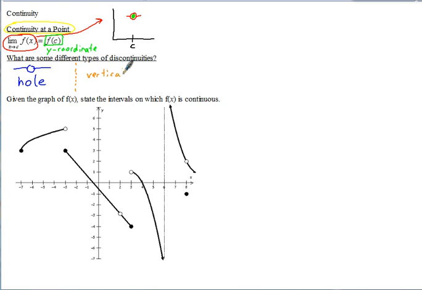If you have a vertical asymptote, the function goes up to infinity or down to negative infinity and it's not connected. Another thing that can make the function discontinuous is breakpoints of piecewise functions, where from the left and from the right it's not approaching the same thing.